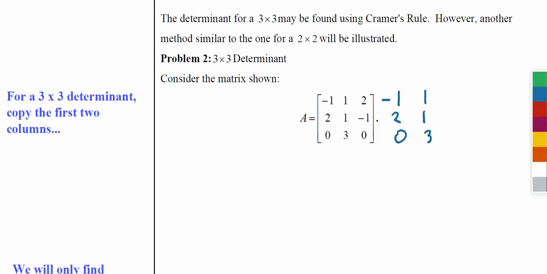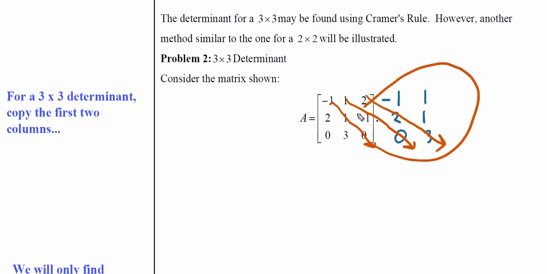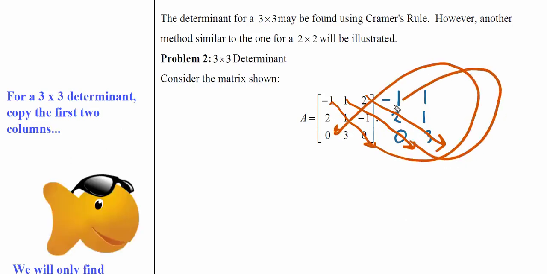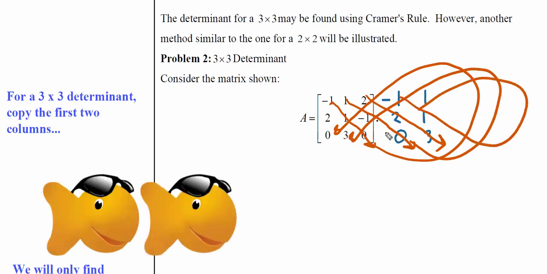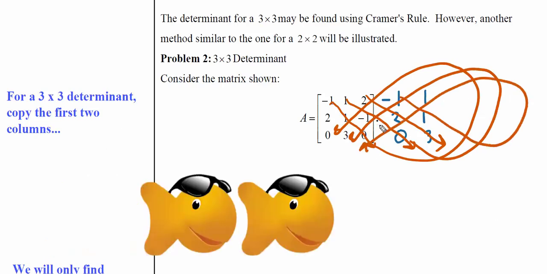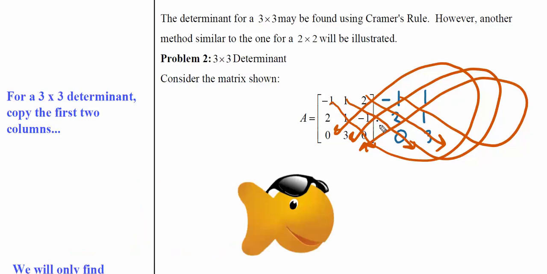So what we're going to do now is we're going to do this diagonal, and then this one, and then this one, in a similar manner as before. And then we're going to go ahead and go this way, and this way, and this way. So we're doing the same thing again, except for a 3 by 3, but 3 times.